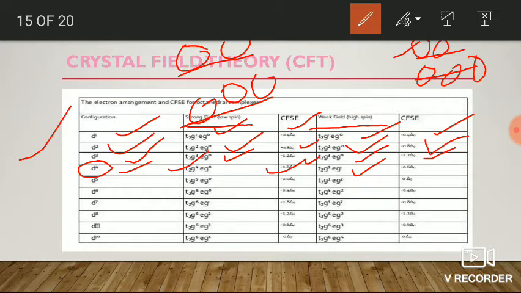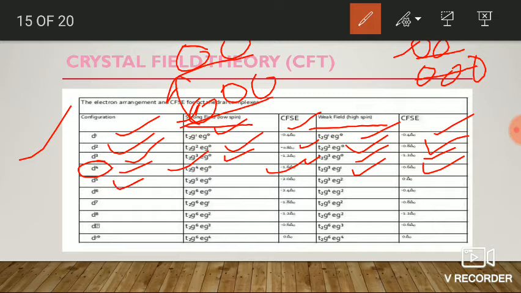But due to the higher energy gap in the strong field, the fourth one also enters T2g, that is, pairing takes place. Then the energy in the case of weak field is 3 into minus 0.4, that is minus 1.2, plus 0.6 due to 1 electron in Eg, so minus 1.2 plus 0.6, that is minus 0.6.